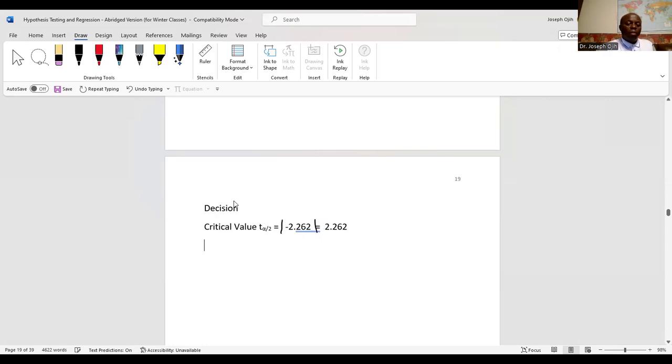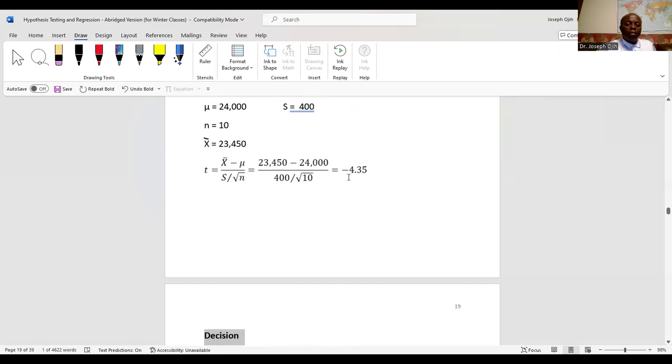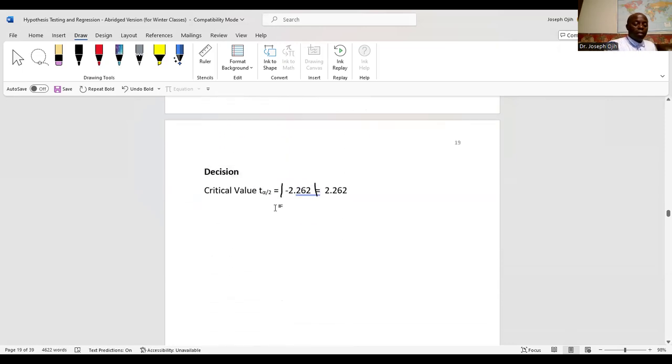Now let's try the second one, which is the decision. Our calculated T equals negative 4.35.